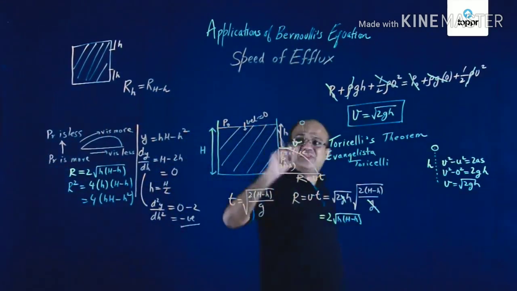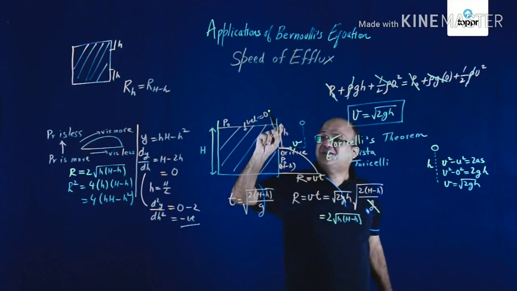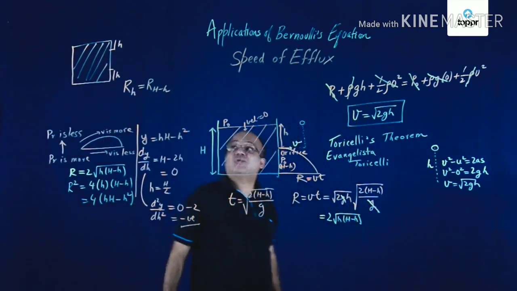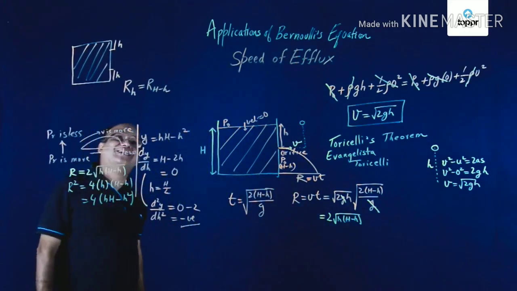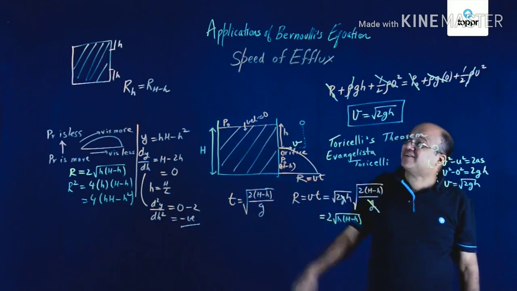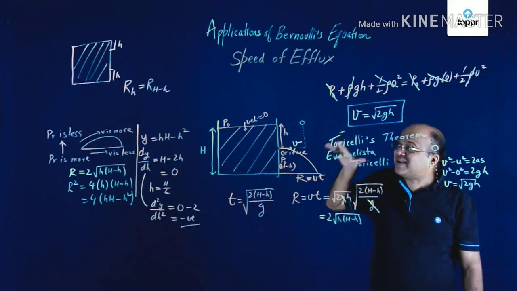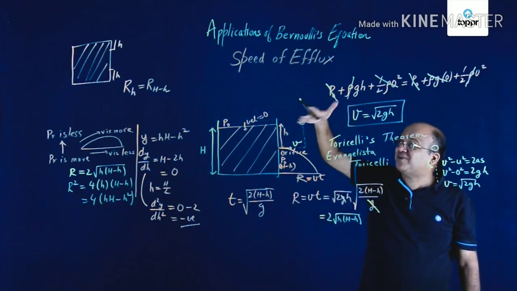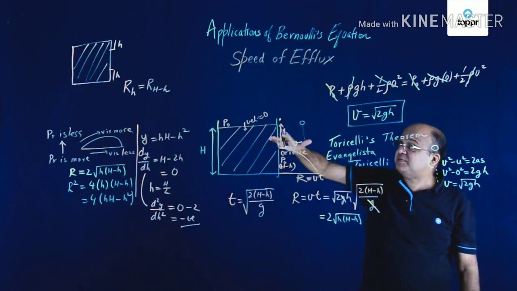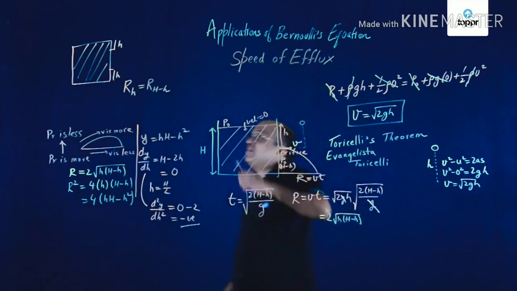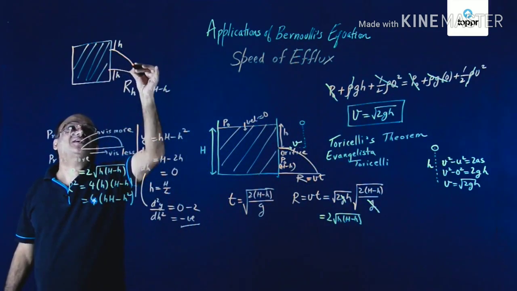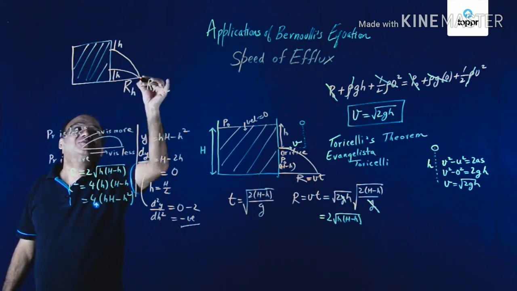Range is the same whether you make the hole h below or h up from here. You can try this experiment. Take a bucket full of water or a water bottle, and make a hole h below the top and h above the bottom. Here the speed will be more, so it will fall here. Here the speed is less, but the range will be the same.